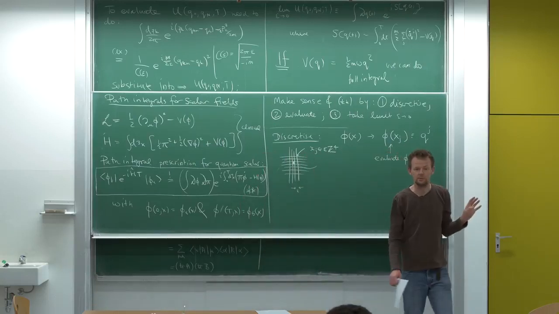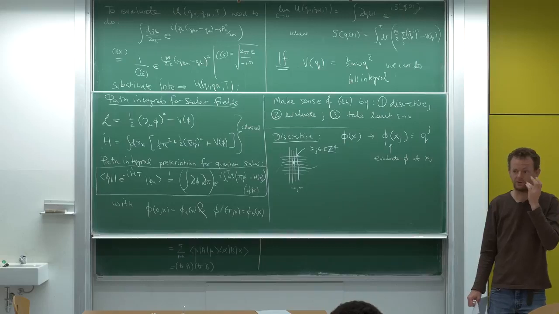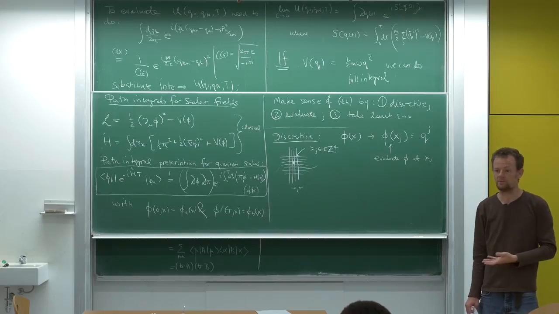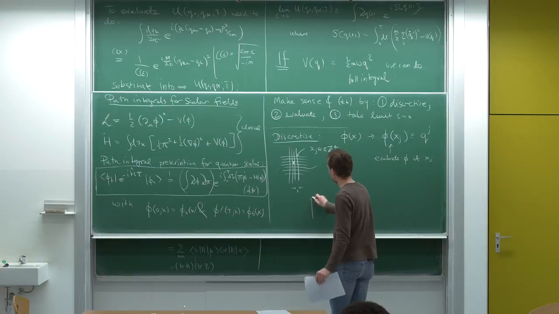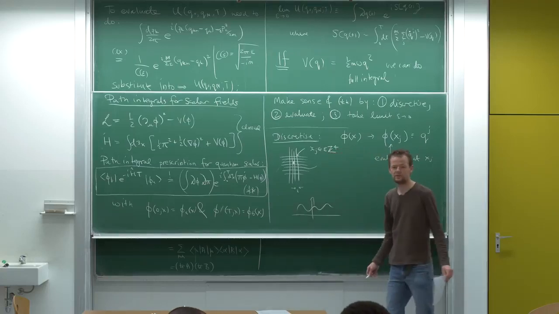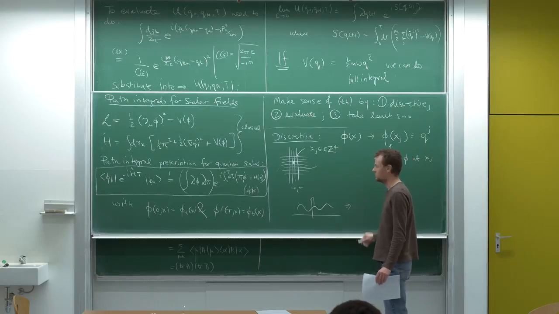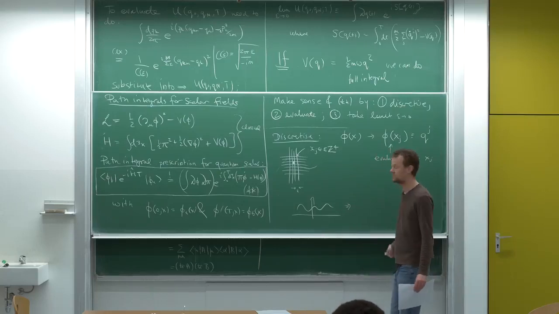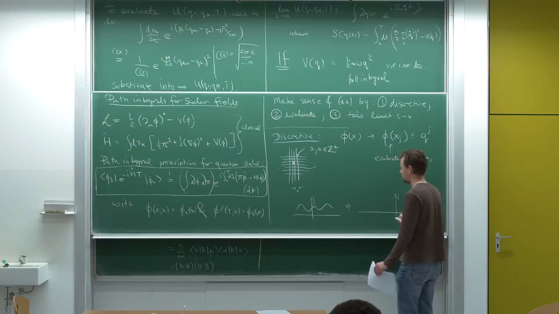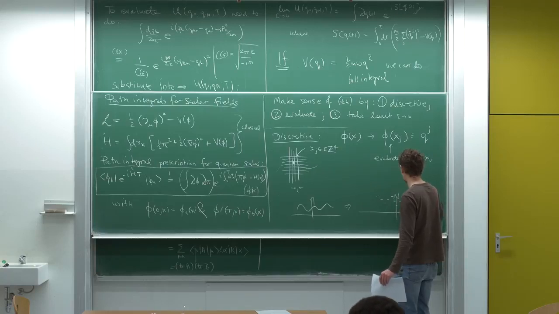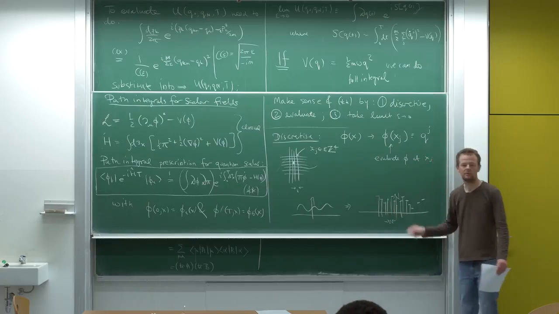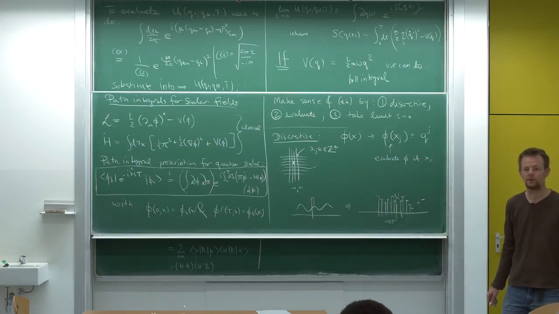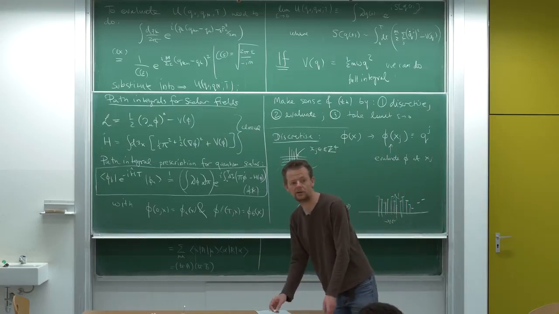This is exactly what you do on a computer when you evaluate an integral. If you have some function on the real line and you want to evaluate the integral numerically, by the trapezoid rule or whatever quadrature rule you like, then you discretize your function onto a nice fine grid of width epsilon, and then you sum up the area under this bar graph by whatever quadrature rule you like.